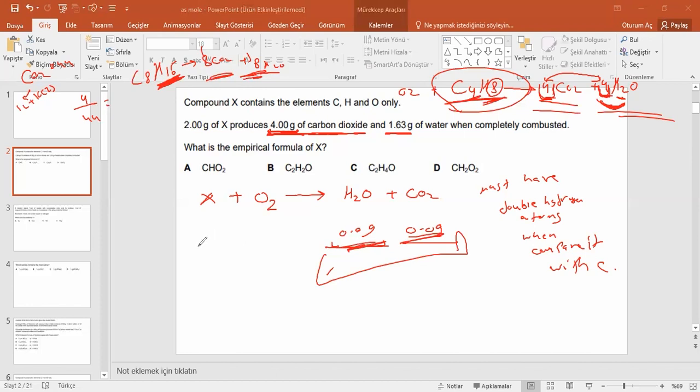What I want to say is, according to this, we can ignore option A, because A is saying that the ratio of carbon to hydrogen is 1 to 1, and this is wrong. It must be double.